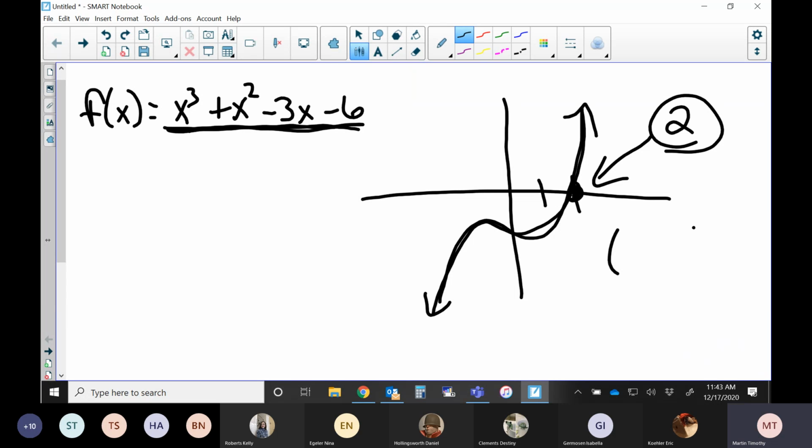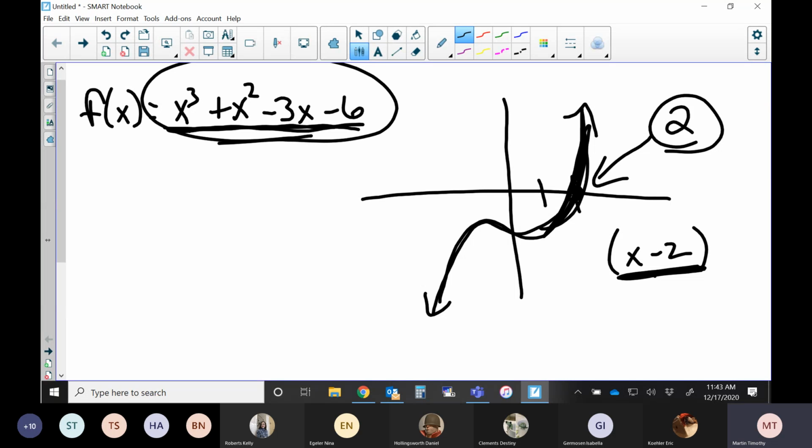It's going to be x what? Minus 2. So that means if this is a 0, then x minus 2 must be a factor of this. So I can rewrite it as x minus 2 times something.